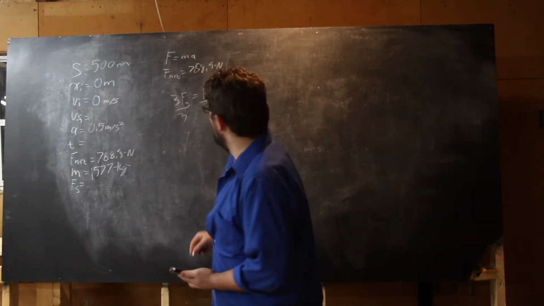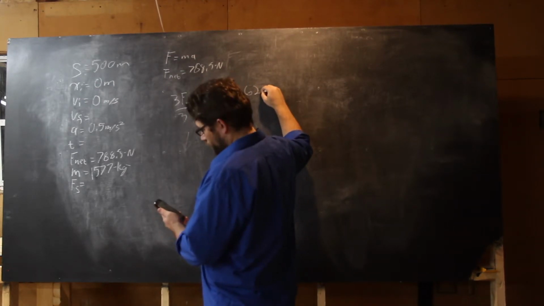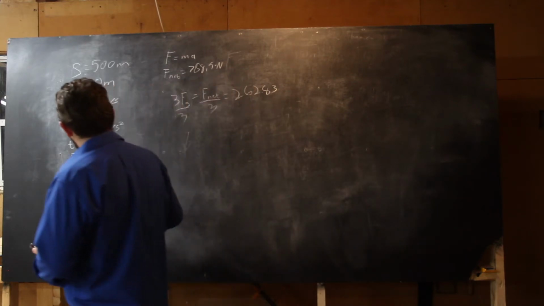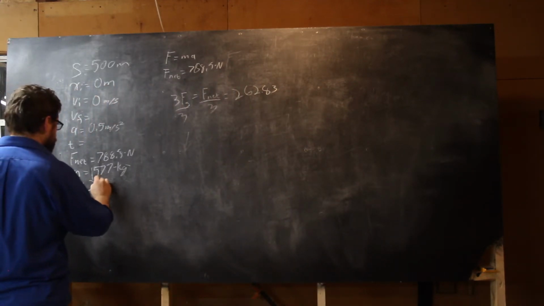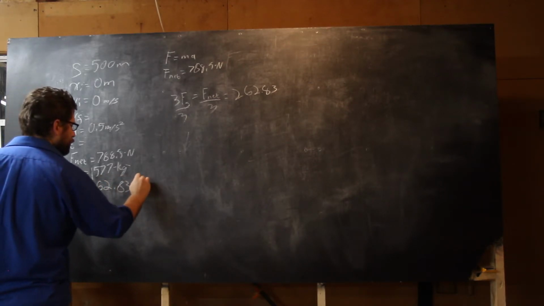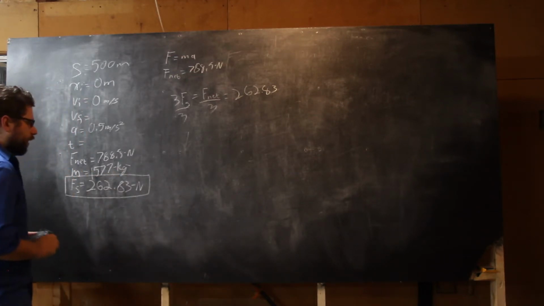And that's going to get me 262.83. So F, force of the student, is 262.83 newtons. Fantastic, that's our A part.